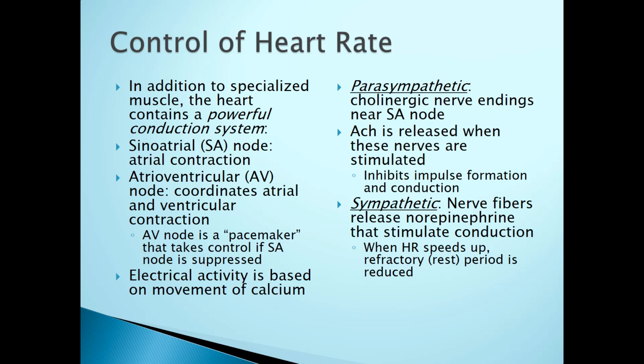In addition, both ventricles need to contract at the same time. Now, after the ventricles depolarize and emit that electrical charge, there's that rest period, the refractory period, where they relax. At this time, repolarization occurs in preparation for another electrical charge.